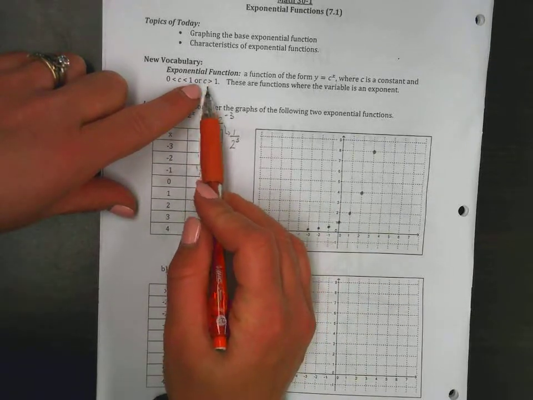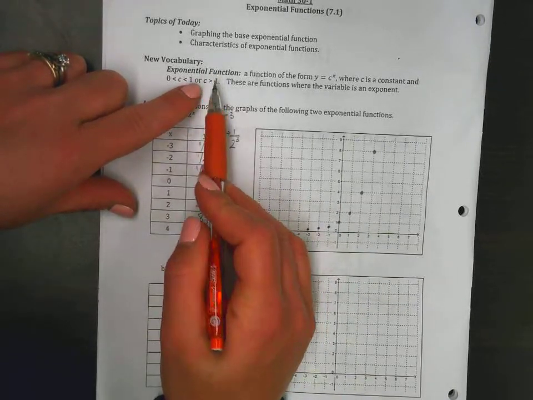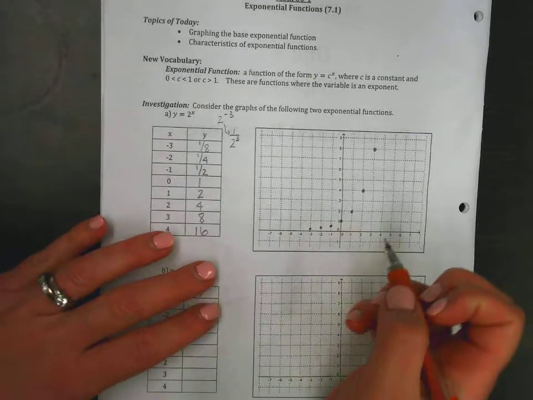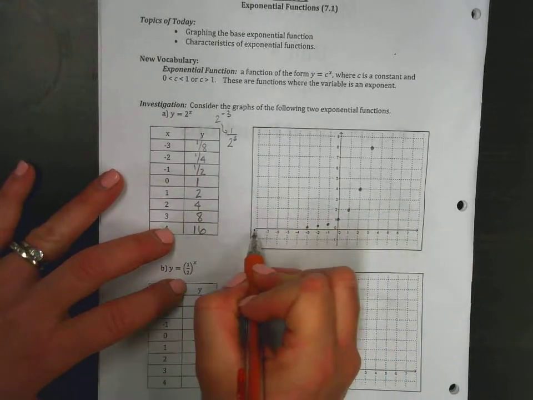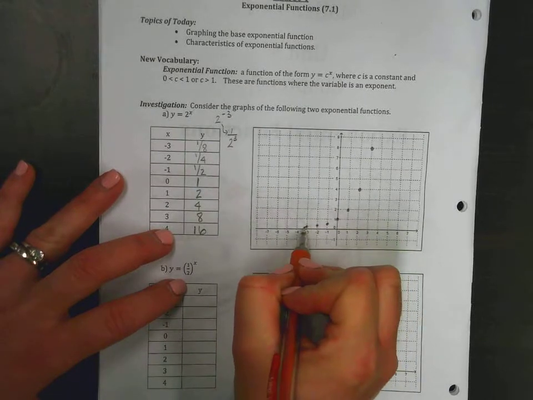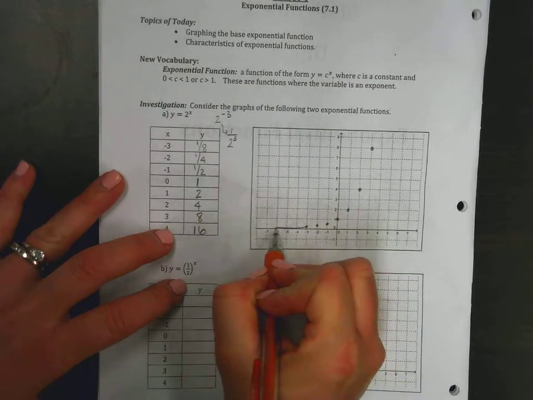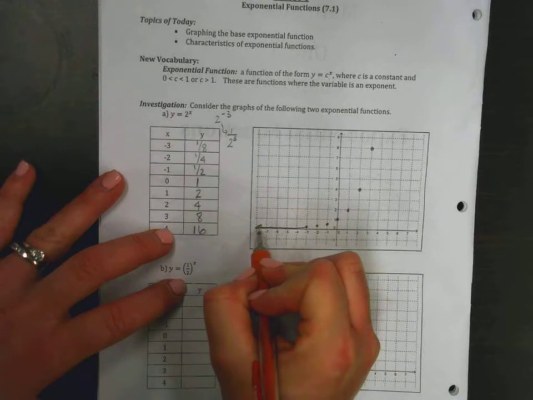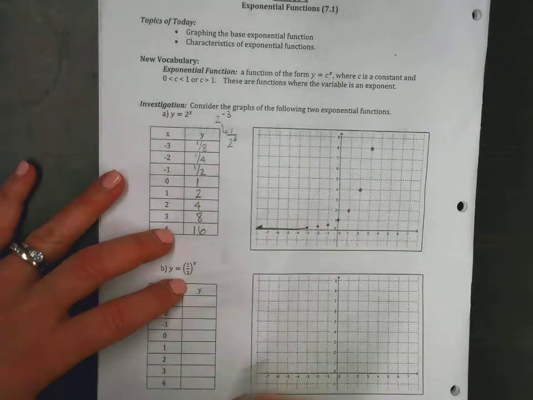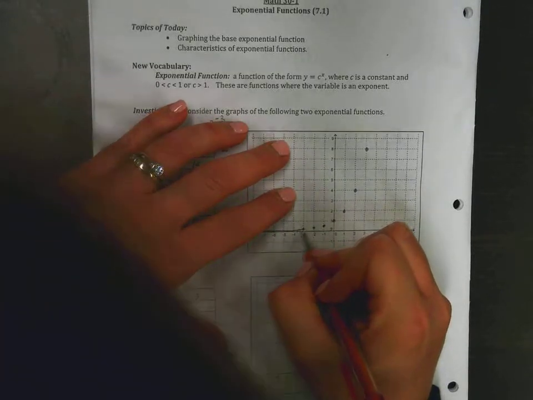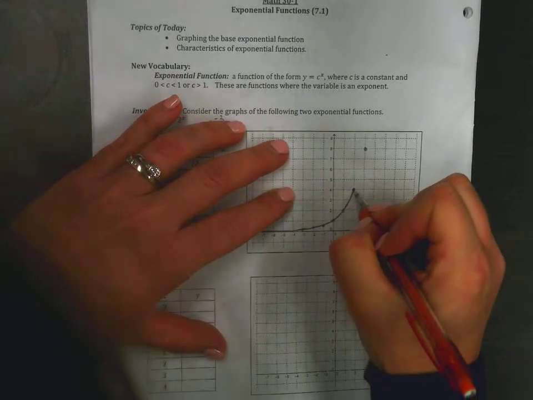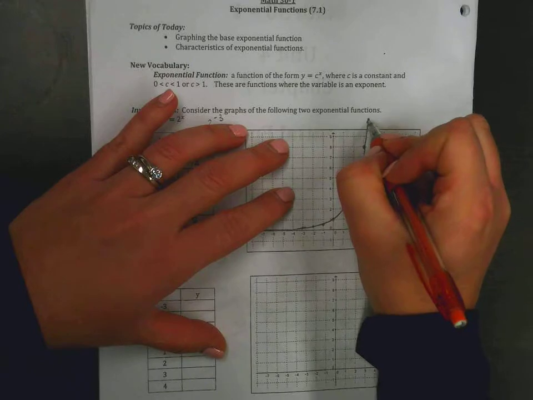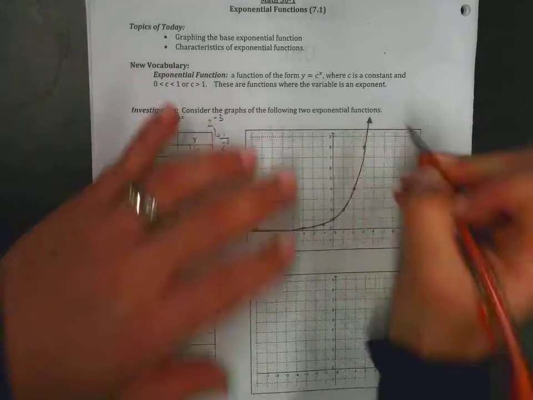Eventually we might have 1 over 100, 1 over 1,000, and so on. So as our x values decrease to negative infinity, this graph is going to approach our x-axis, but will never actually touch it. And as our x values approach positive infinity, my y value should also approach positive infinity.